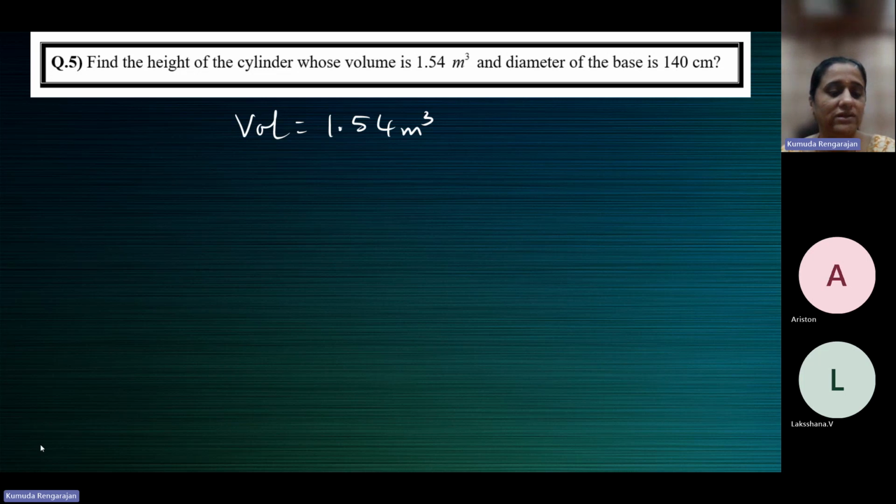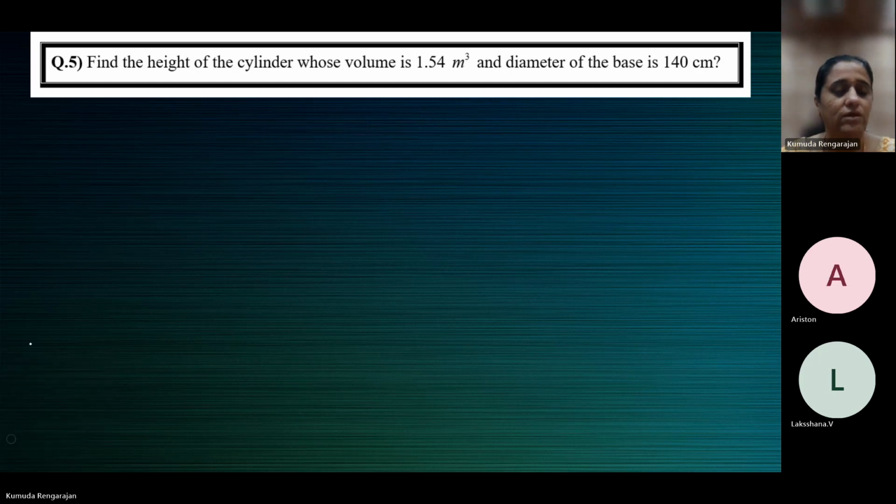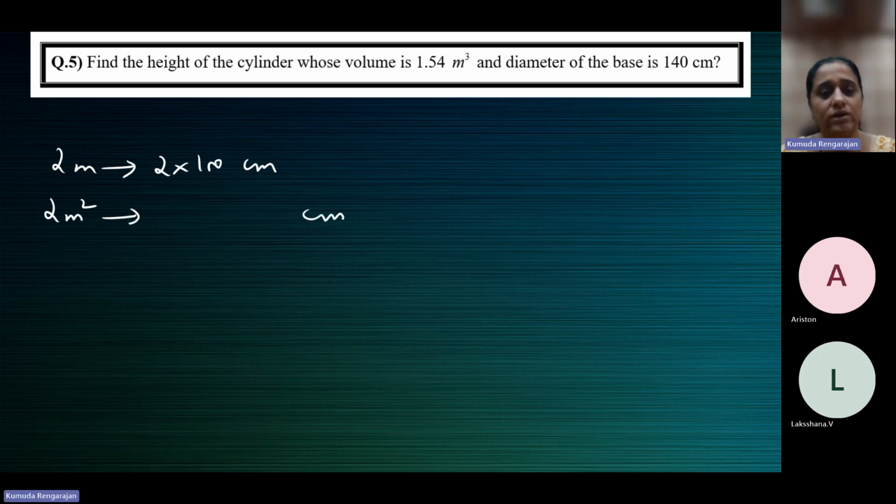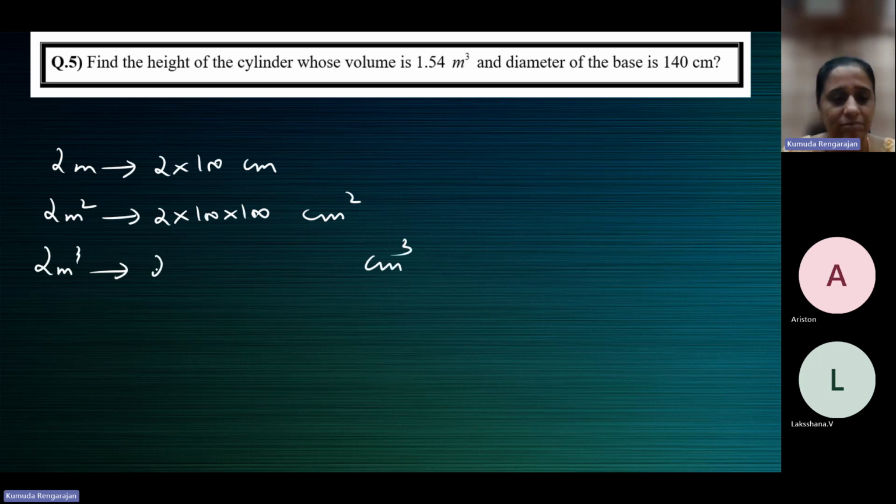Okay, so one minute. See, let me tell you. Supposing we have to convert 2 meter. 2 meter to centimeter, so 2 into 100 centimeters. 2 meter square to centimeter square, you should do the same thing 2 times: 2 into 100 into 100. 2 meter cubed to centimeter cubed, you need to do the same thing 3 times: 2 into 100 into 100 into 100.